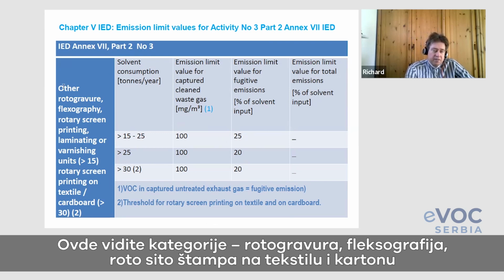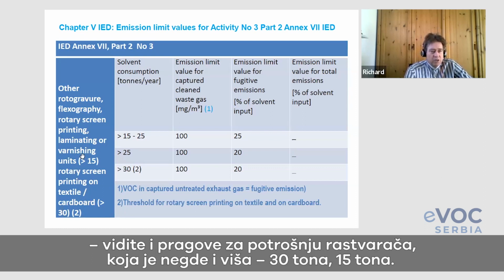Here you see the category of other printing. You see the rotogravure, flexography, and so on. Rotary screen printing on textile, or cardboard. For example, here you see the solvent thresholds. So here that threshold is higher, 30 tons, 15 tons.